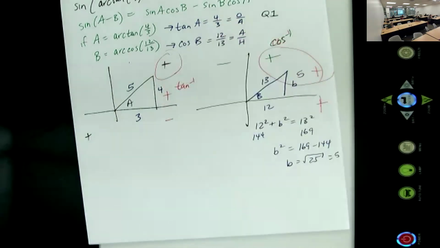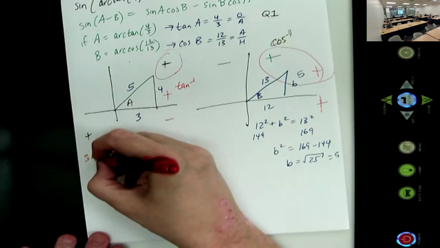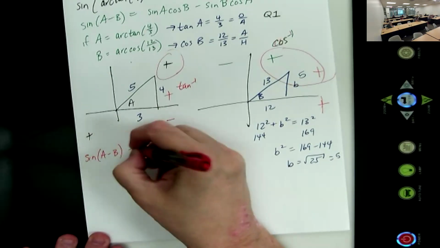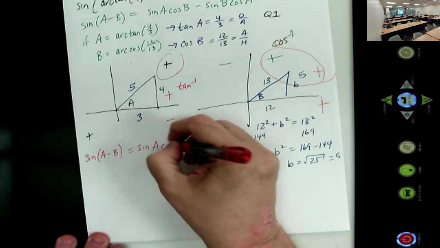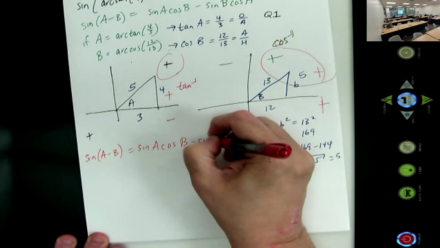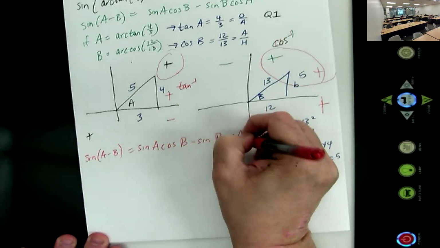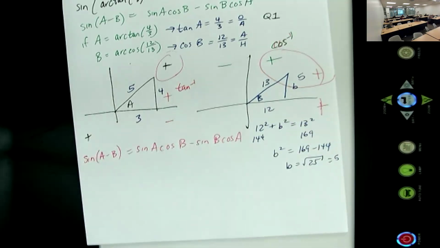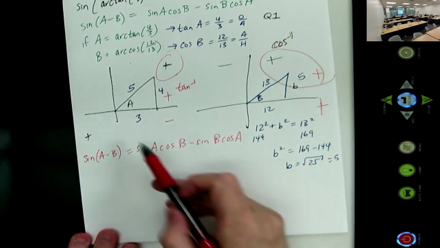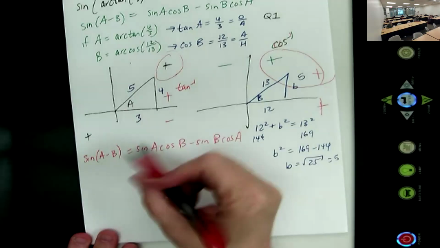So now we need sine A cosine B. So sine of A minus B is what? I'm gonna rewrite it again here and I'll just write what we're looking for below it. Sine of A is opposite over hypotenuse, 4/5.